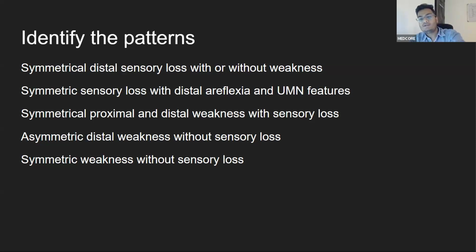If it is an asymmetric weakness without sensory loss, this means it is pure motor, which means the anterior horn is affected. It could be a case of post poliomyelitis or MND. And the last one: if a patient is having bilateral symmetric proximal weakness without any sensory loss, then it is proximal myopathy. Very good.